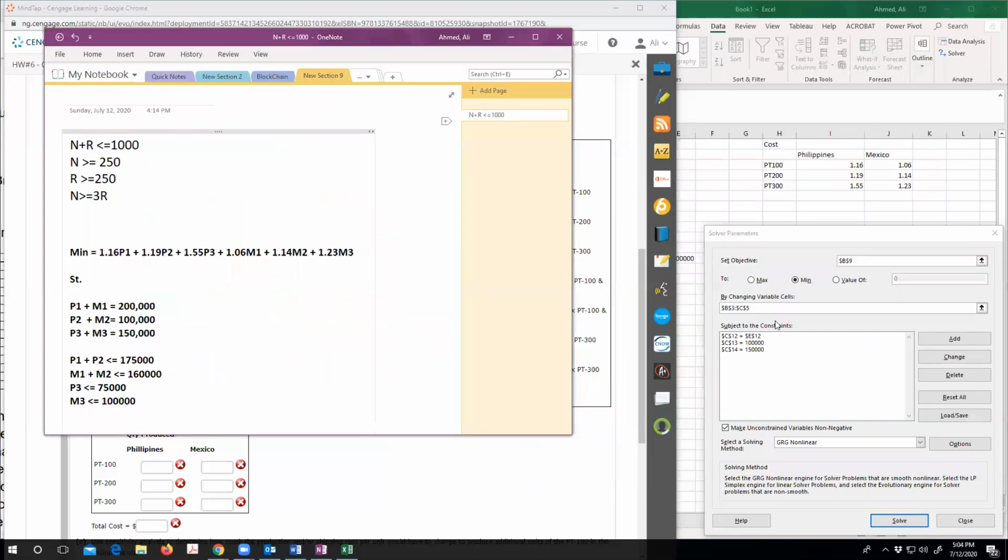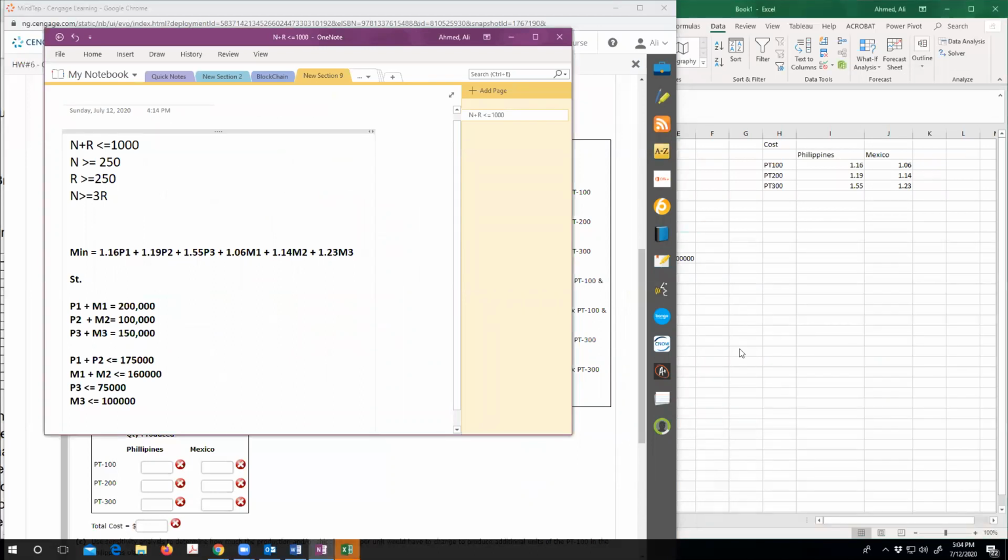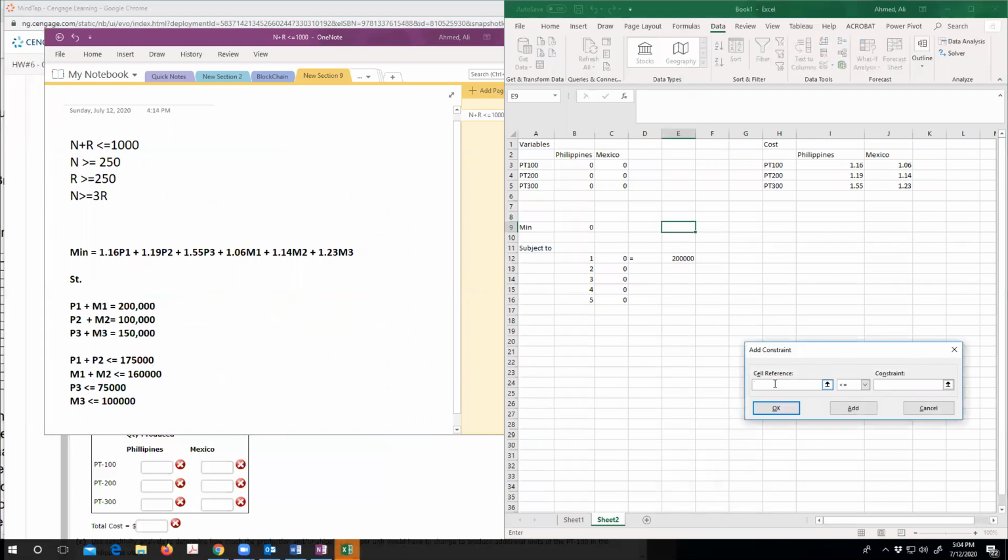Going back to Excel, we already entered these three. We can enter more. The fourth one is this one, less than or equal to 175,000. And M1 plus M2, which is this constraint, is less than or equal to 160,000.